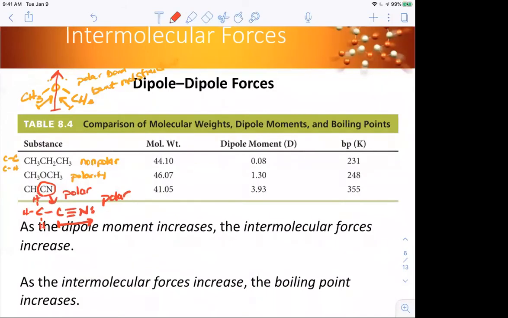Now, this number indicates the amount of polarity, right? So the lower the number, the lower the polarity. So if I increase dipole moment, I increase polarity, right? So this guy is going to be the most polar.